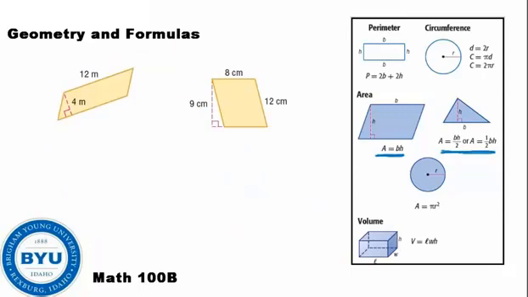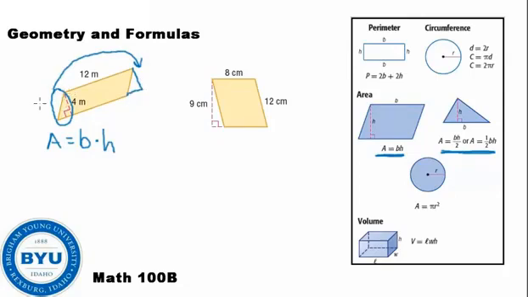Okay, here on the board we have two parallelograms, and again the area of a parallelogram is the same as a rectangle: area equals base times height. The reason is that if you were to cut this off with a little chainsaw and place it right here, it would form a rectangle.